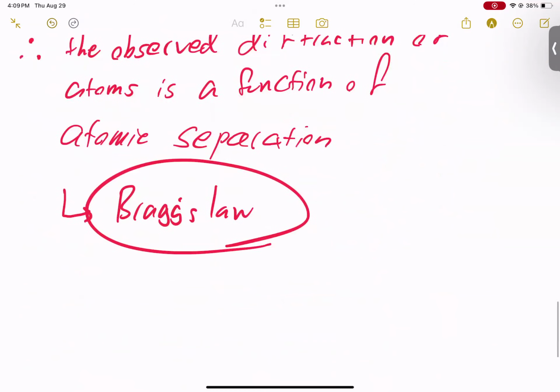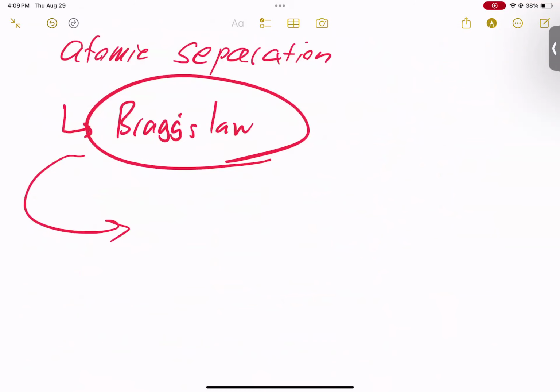And Bragg's law, if we're to put it down as a formula, is that n, which is the order of a wave, which will be given to you, so don't worry about what that n is. n could be 1, n could be 2, n could be anything. n times the wavelength in nanometers is equivalent to 2 times the atomic separation, d_hkl, times sine theta.